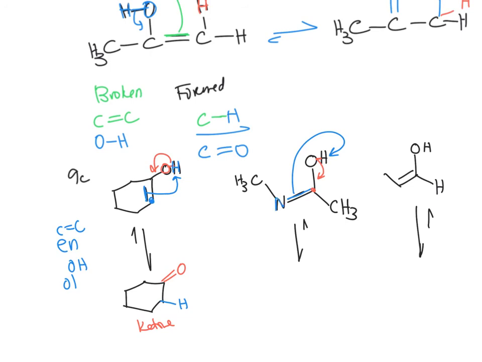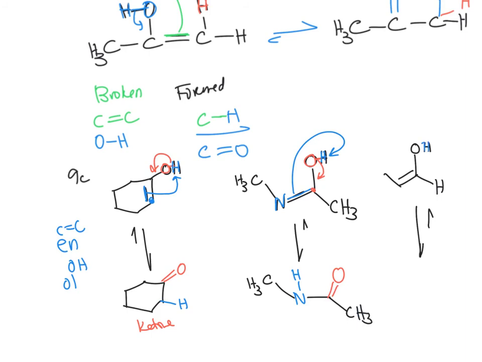The nitrogen is going to get the hydrogen, and the carbon is going to get another bond there, so we can redraw that. Nitrogen gets the hydrogen, and then you get the oxygen, CH3. We have another enol here.